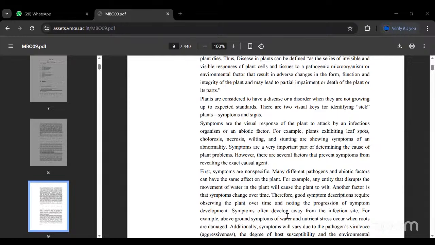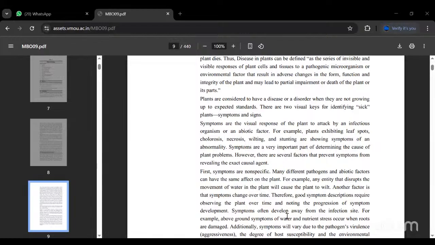The symptoms are a very important part of determining the cause of plant problems. However, there are several factors that prevent symptoms from revealing the exact causal agent.